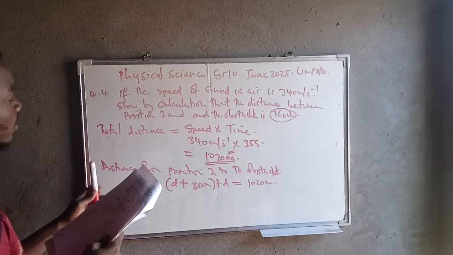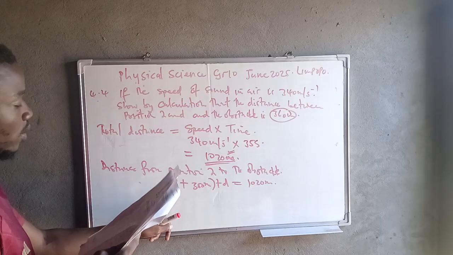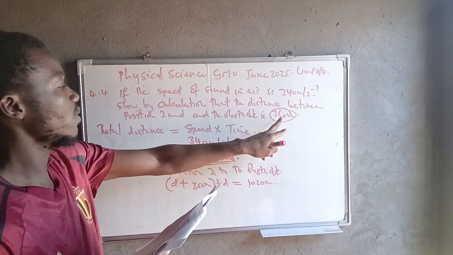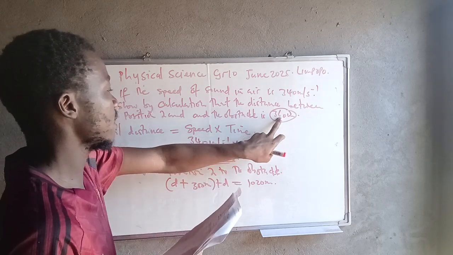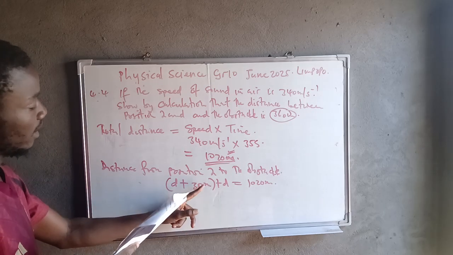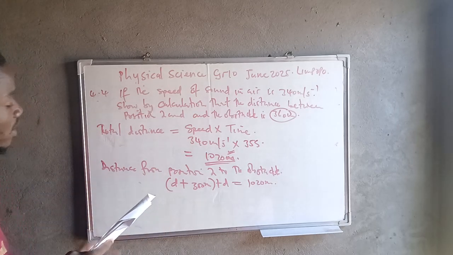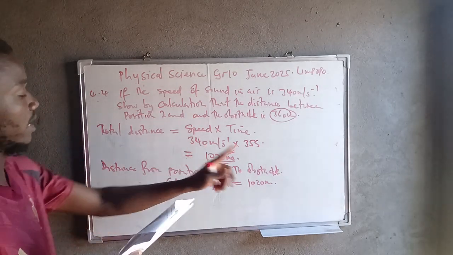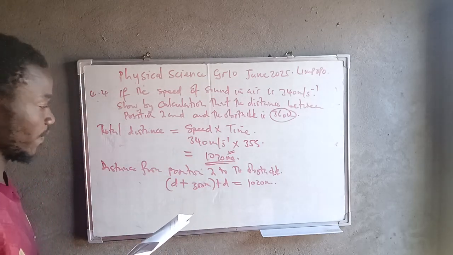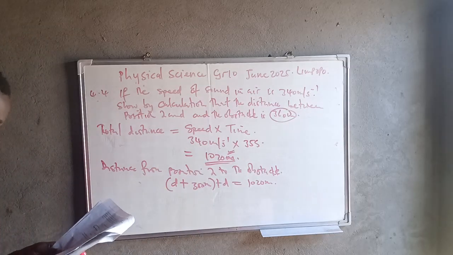Remember, the distance between position 1 and position 2 is 300 meters. D is the distance between position 1 and the obstacle, and D is also the distance between position 2 and the obstacle. We equate it to the total distance, which is 1020 meters.